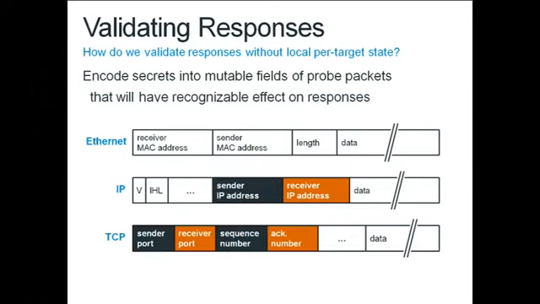And so when a response comes back, the receiving IP address, receiver port, and acknowledgement number are going to reflect that information we put into those fields. So we can then look at them and learn with high statistical certainty whether this response was coming back as a result of a probe we sent or not.